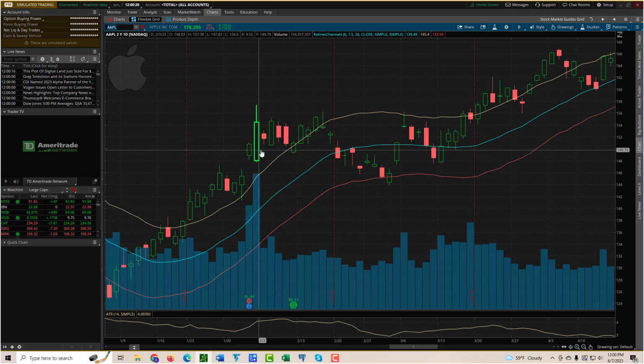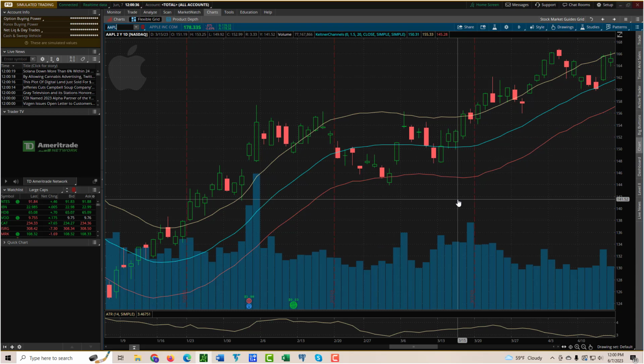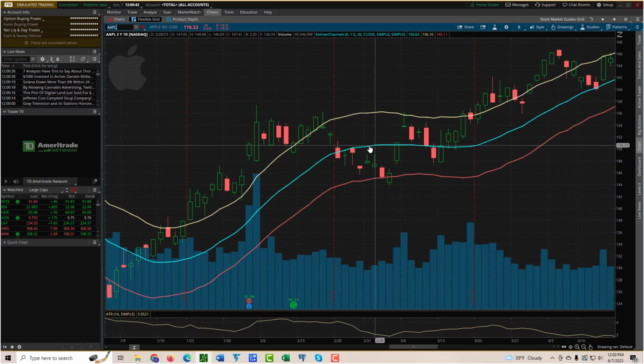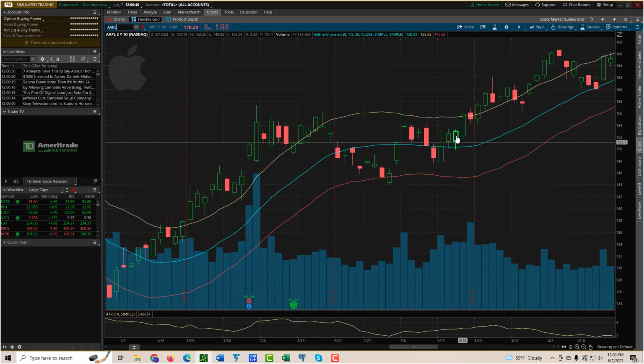Like this period right here, if you were just looking at the price bars, it might be hard at times to tell what's going on with this stock. Is this in a downtrend right here? Is this an uptrend? It's a little bit hard to tell sometimes just from the price bars alone. So the Keltner channel gives you more information. And here the Keltner channel is flat. That's one clue that maybe the stock at this period in time is not in a trend.